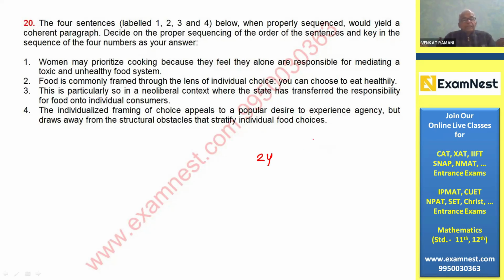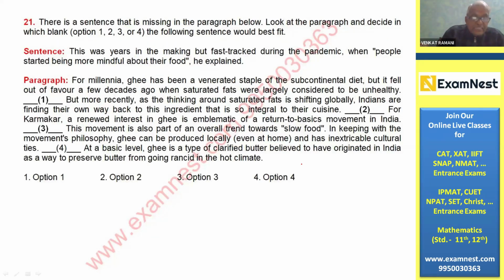And then you can take up number 3: this is particularly so in a neoliberal context, where the state has transferred the responsibility for food onto individual consumers. And the last is, of course, number 1. So it should be 2, 4, 3, 1. Now let's look at the next exercise.